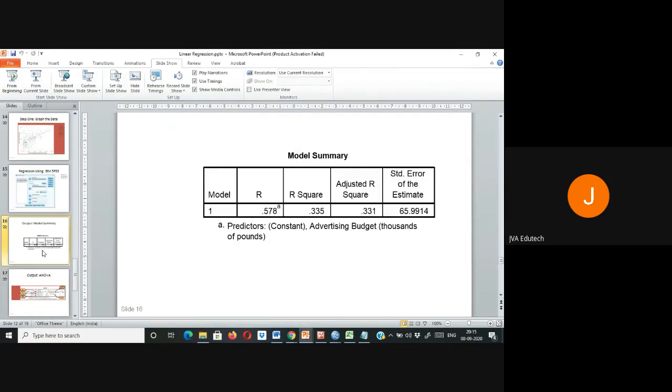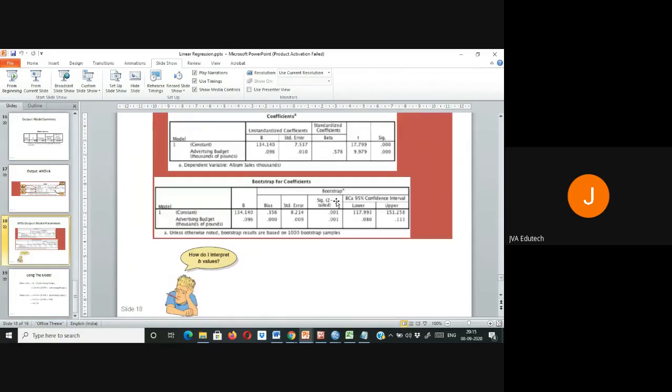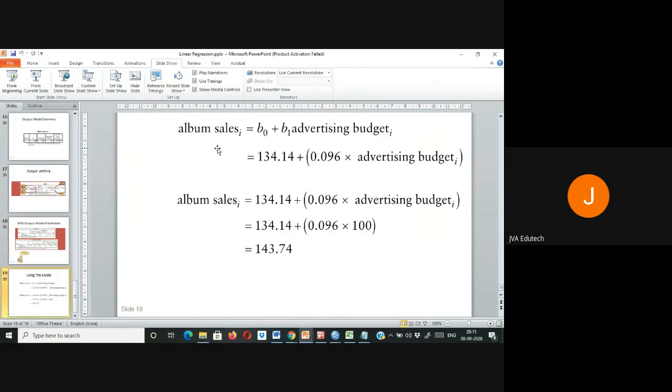Now we have got this output already. I have told you about this. This is the output that you have got. Now coming to the model. Our model says album sales at a given point of time i is equal to B0 plus B1 into advertising budget.